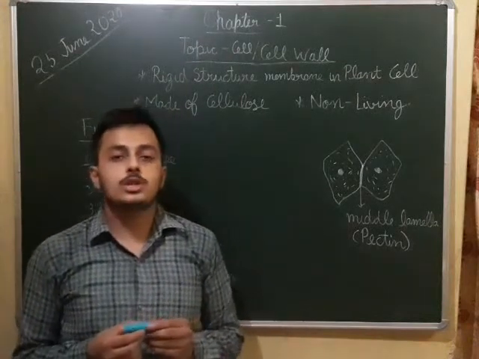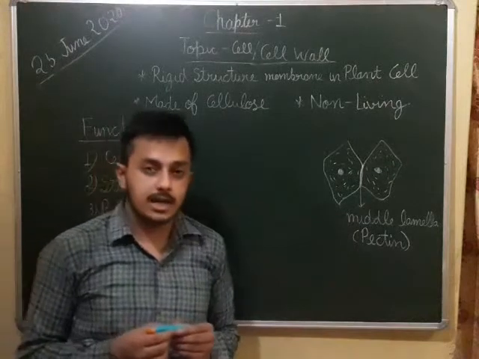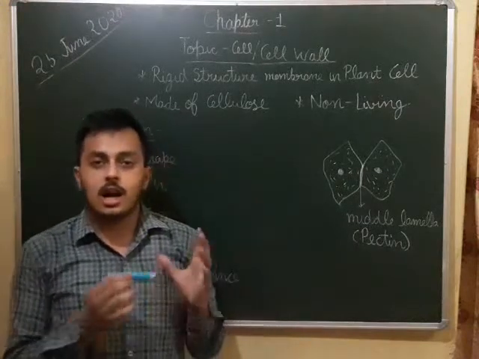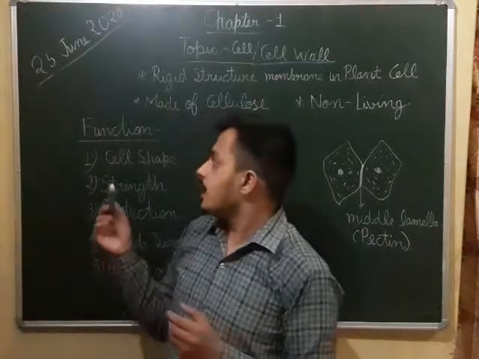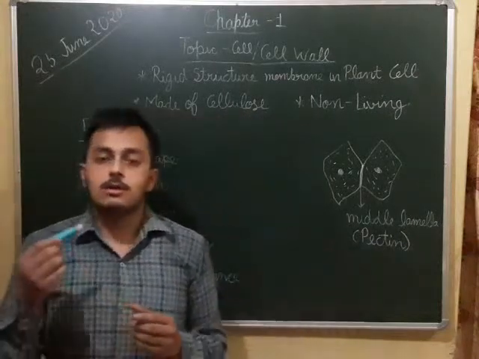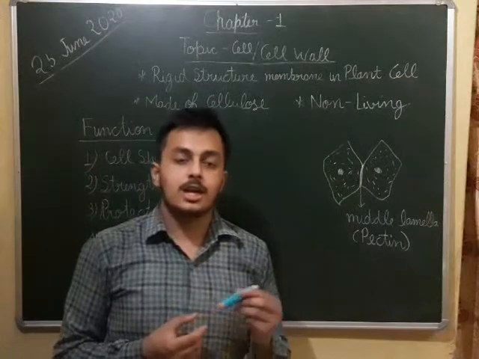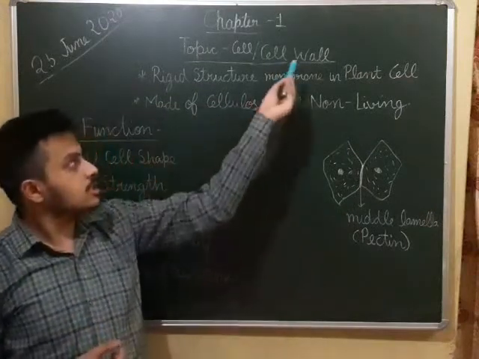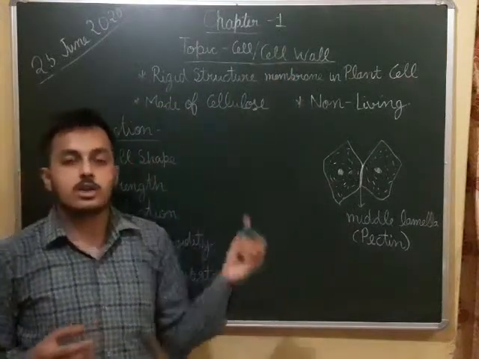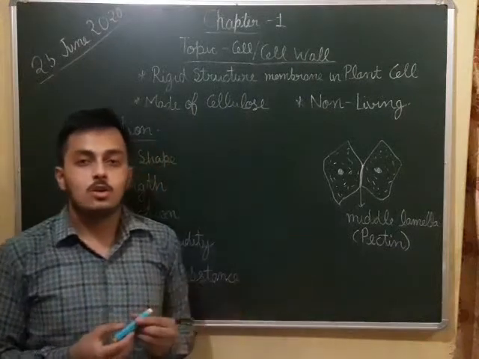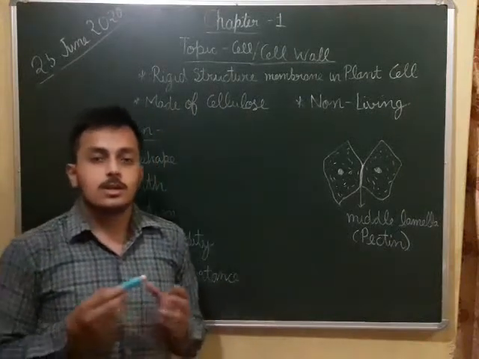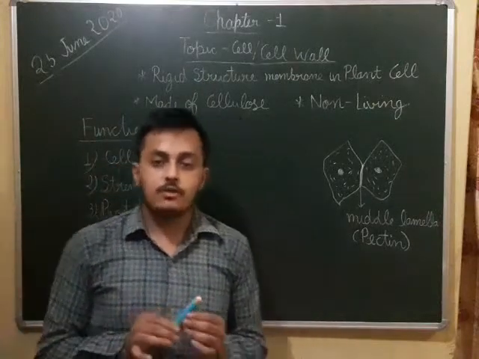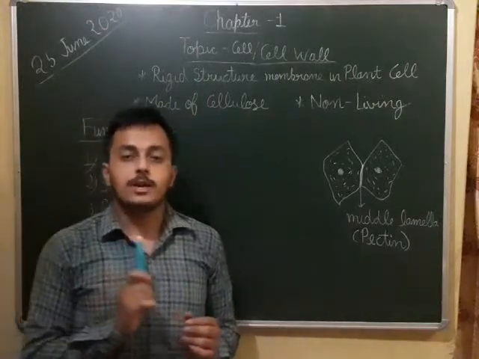So the question will arise in your mind that in the last lecture I have told you that the cell is surrounded by a plasma membrane, but now I am saying that the cell has an outer covering called the cell wall. What is the difference between the two? The differences are, first, what they are made up of.